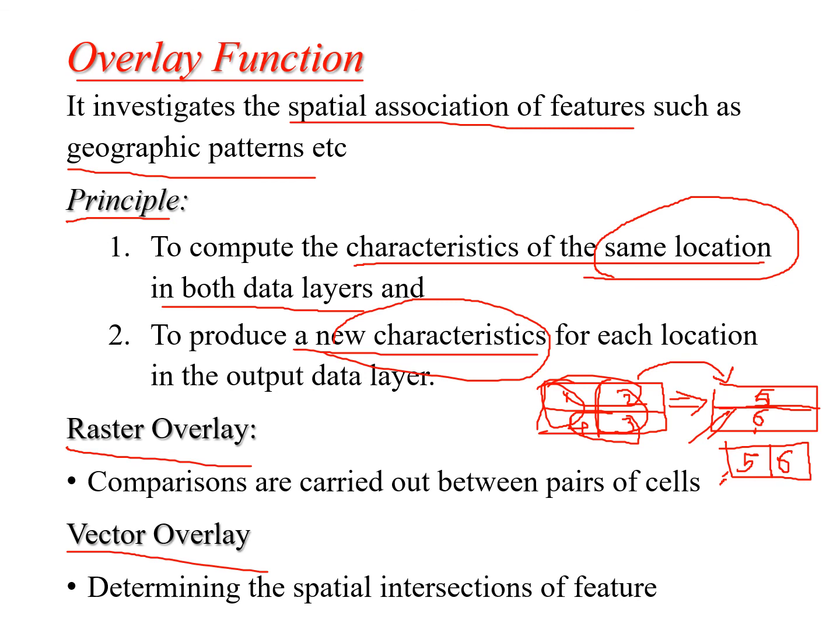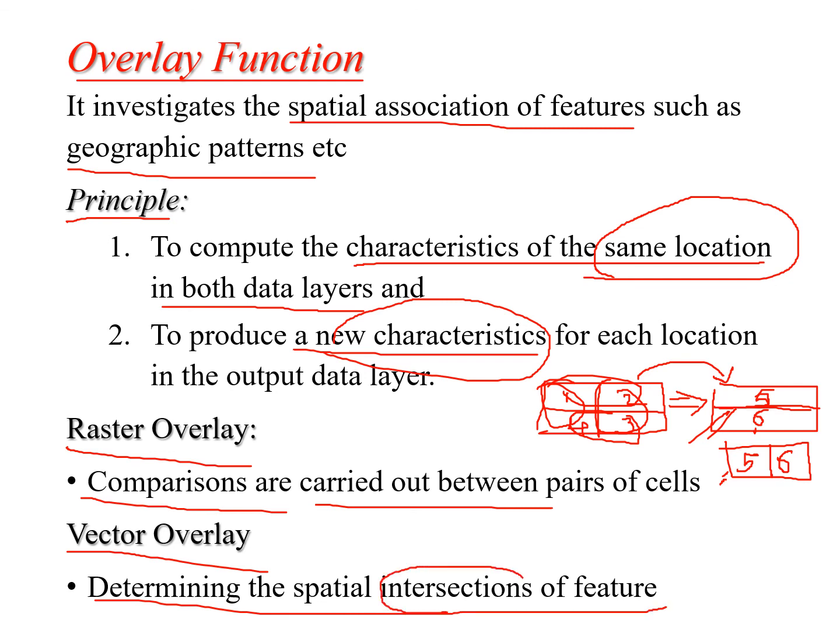The raster overlay analysis can be done by comparing any two pairs of cells, and a vector analysis can be done too. It first, no doubt, compares any pair of the data, but apart from that it determines the spatial intersection of the features. So it is not only compared in this case, but the intersection is also done. We are going to see in a moment what the meaning of intersection is.